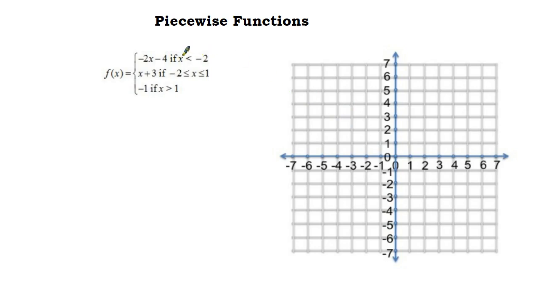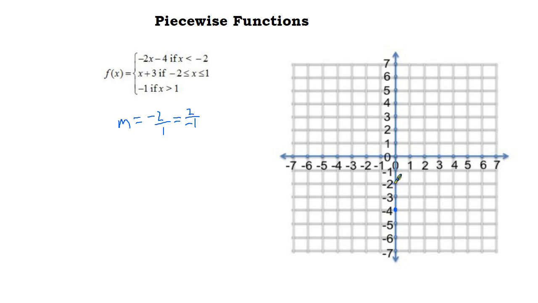Let's start off with x is less than negative 2. Negative 2x minus 4, I'm going to make this blue, has a y-intercept at negative 4, way down here. That's a dot. Then it has a slope of negative 2 over 1, which means m equals negative 2 over 1, and that's the same as 2 over negative 1, so rise 2, run negative 1.